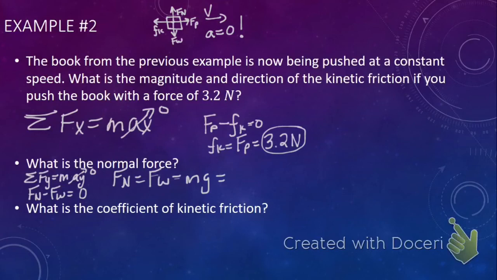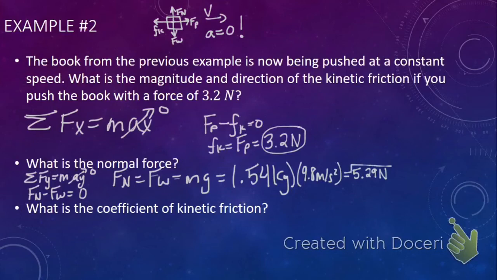Our book from before was 0.54 kilograms times our value for gravity, which does give us a normal force of 5.29 newtons. All right, so we've now established the answer for part B.